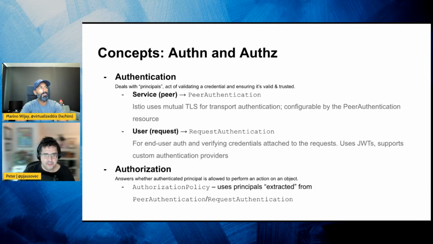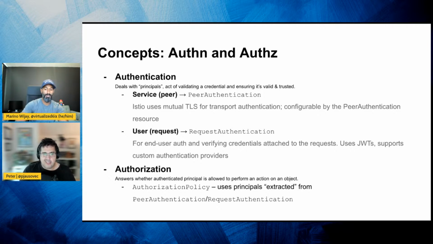On the other side, we have the request authentication that deals with users and requests. This one is used for end user auth and for verifying the credentials that get attached to the request. This uses JWT tokens, but it also supports custom authentication providers. We'll look at this as well.